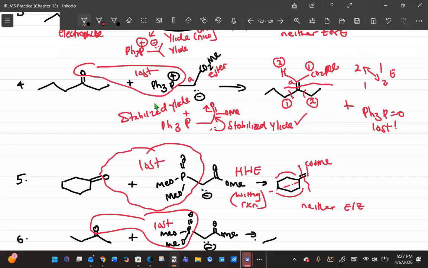So this carbon is this carbon. That's the most common mistake students make. They lose a carbon. This right here is supposed to be an E.